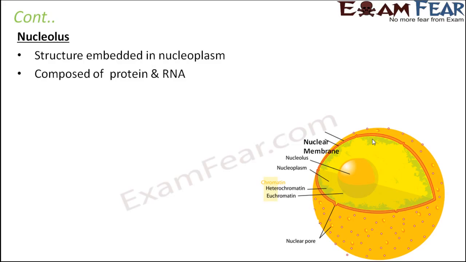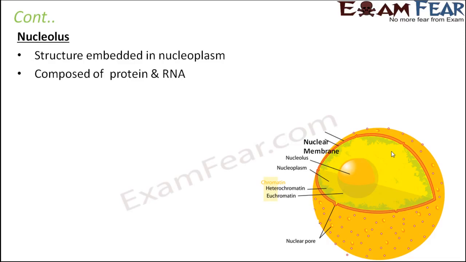Now, proteins enter into the nucleus from the endoplasmic reticulum. So proteins are formed somewhere outside the nucleus, but through the nuclear pores, proteins enter inside the nucleus. These proteins then bind to the RNA molecules to form a protein RNA complex.